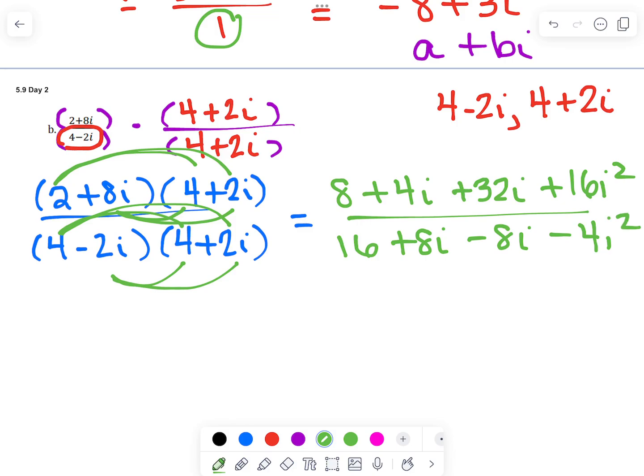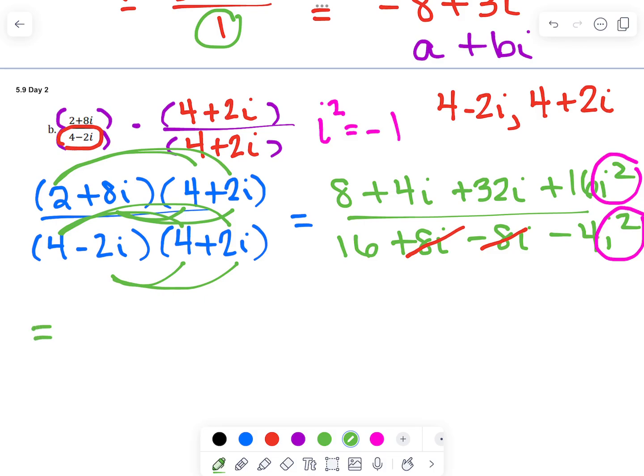One thing that will always happen when we multiply by complex conjugates is you'll see these middle terms cancel out. And then just like our previous problem, when you see an i squared, we replace it with a negative 1. So we have an i squared here, we have an i squared there, and those we replace with negative 1.